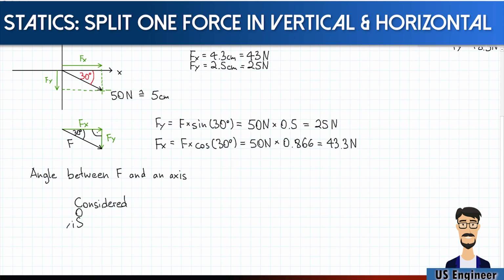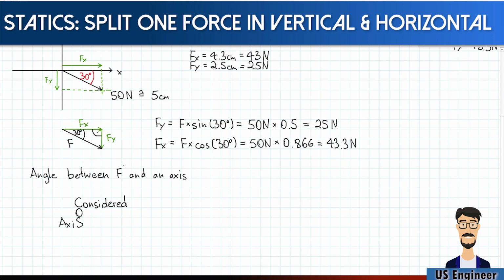Okay, that means that, for example, if you have an angle between F and the x-axis and you want to calculate the x component of the force, use cosine in your formula. If you have an angle between F and the y-axis and you want to compute the force along the y component, basically the component of the considered axis, then use cosine.